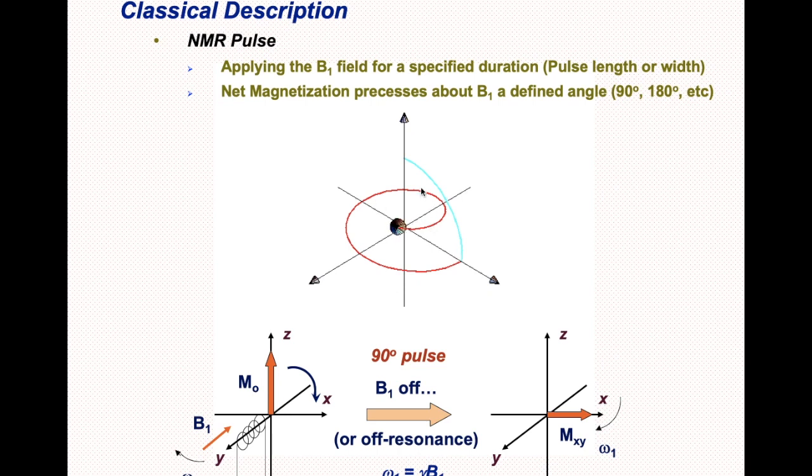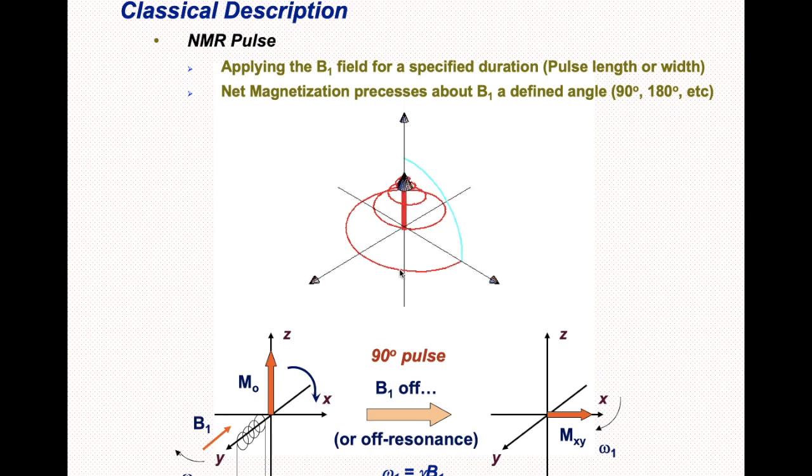You can see here, initially before applying the radio frequency pulse, the net magnetization vector, which is shown as the red arrow, is pointed towards the z direction, and the moment the RF pulse is applied, you see that it starts rotating in the XY plane. You remember that I mentioned the radio frequency pulse will not be a continuous pulse, it will be stopped after 10 to 12 microseconds.